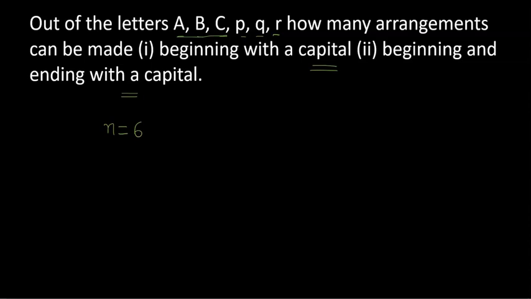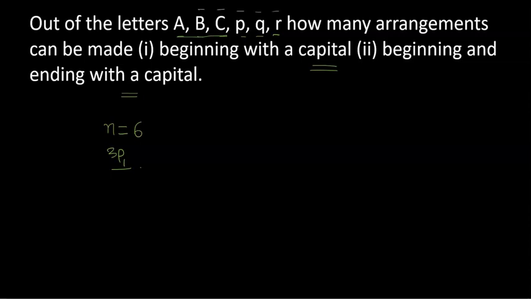That means I can simply select A, B, or C, whatever it is. Apart from that, the remaining letters: one is fixed, so now I have 1, 2, 3, 4, 5.